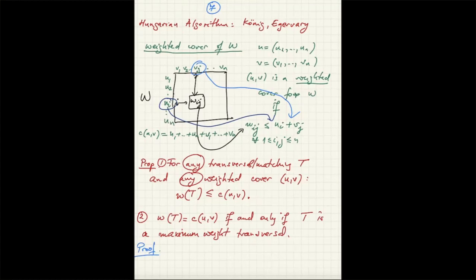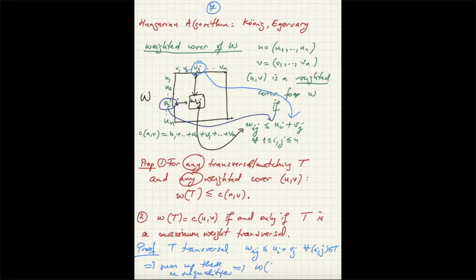If we take a transversal T, we have that Wij is less than or equal to ui plus vj for any ij in this transversal T. And when you sum up these n inequalities, what do we get?